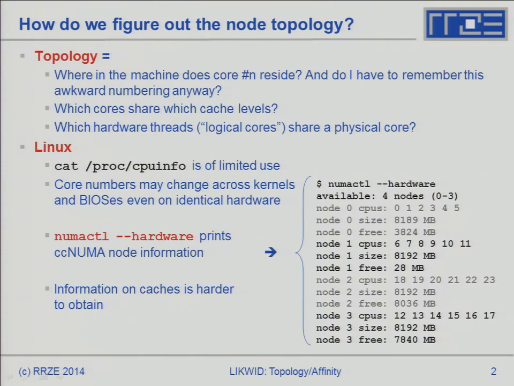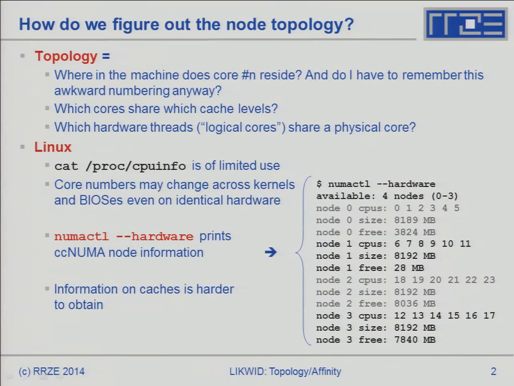So again, topology is where in the machine does core number n reside? Nowadays, we should rather say hardware thread number n, because usually one core means several hardware threads, 2 to 4 nowadays. Which cores share cache levels, and which hardware threads share a physical core. Now, if you're in Linux and you don't have anything else to work with, you could just type cat /proc/cpuinfo. You get a huge listing, which is a little bit cluttered, not easy to read.